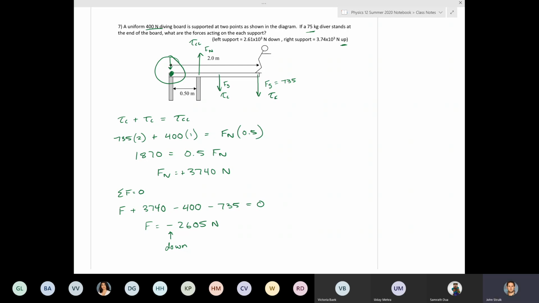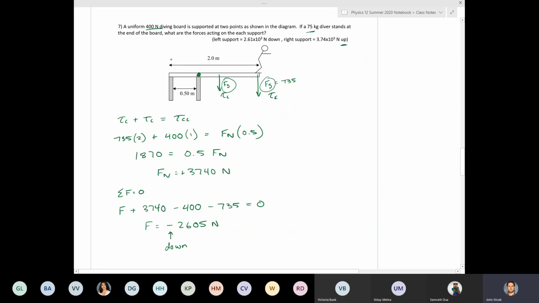Okay, I'm only going to erase these and make my pivot right here. If I make my pivot right here, this FG is still going to cause a clockwise torque. This FG is still going to cause a clockwise torque. And then I need this one to cause a counterclockwise torque.